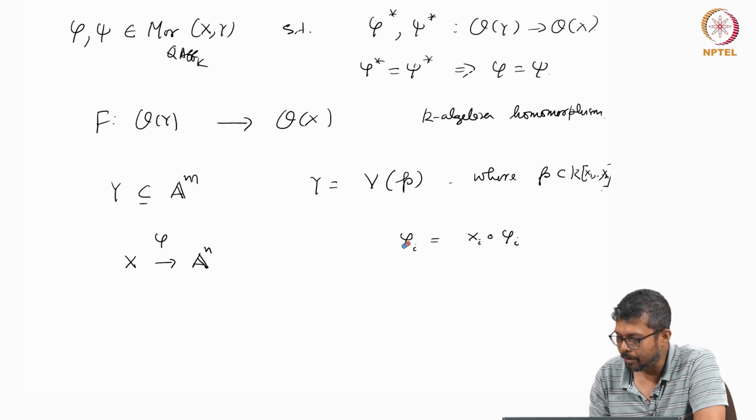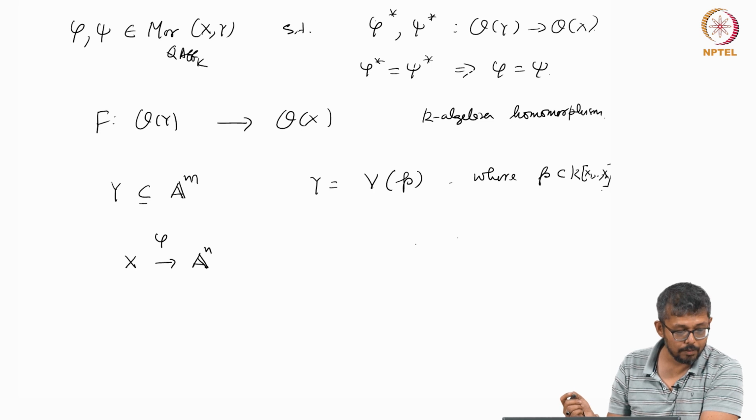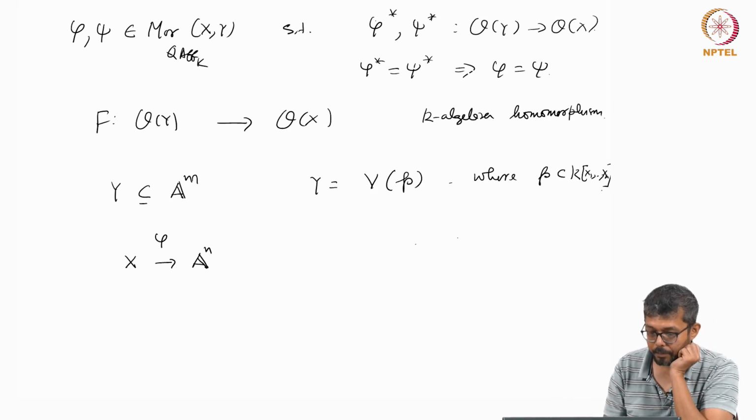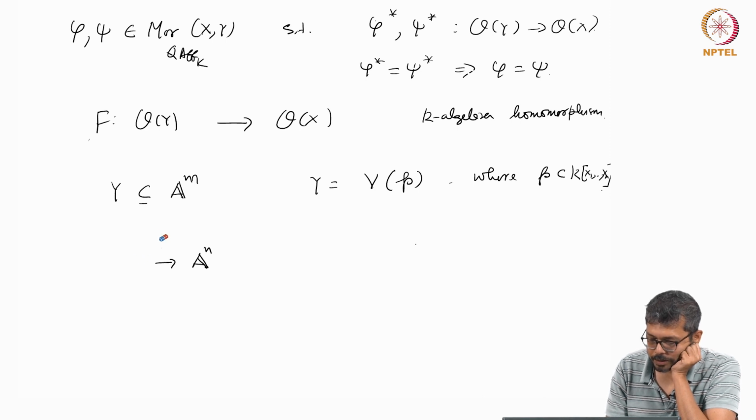I want to produce a phi. You have to use this F, which is a given map.